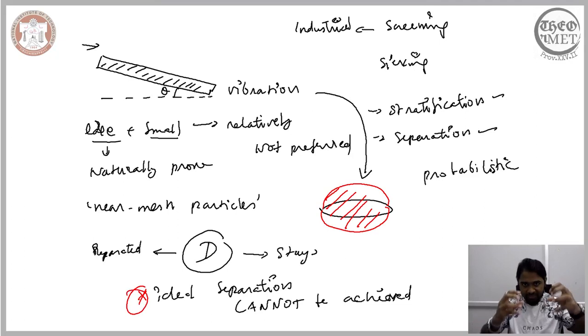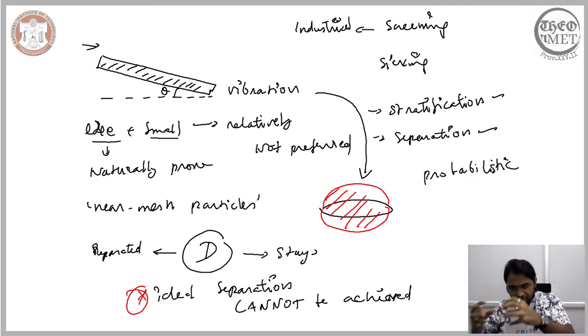So even though there is a specific sized aperture present on the surface of the screen, it is physically impossible for us to say that during this industrial screening process, the particles with size greater than this aperture will be separated from the particles with size lower than this aperture. Again, this is because the whole process of screening is probabilistic in nature and has some degree of randomness associated with it.